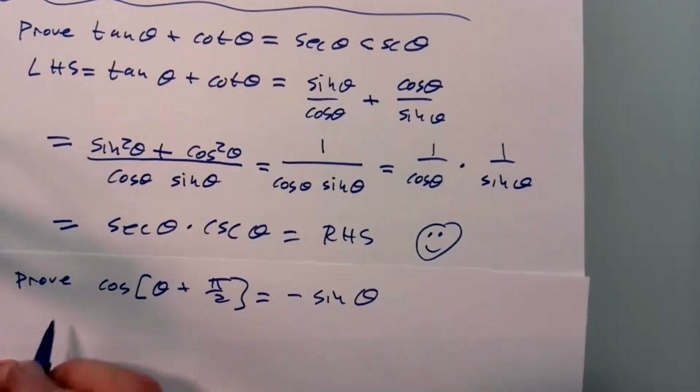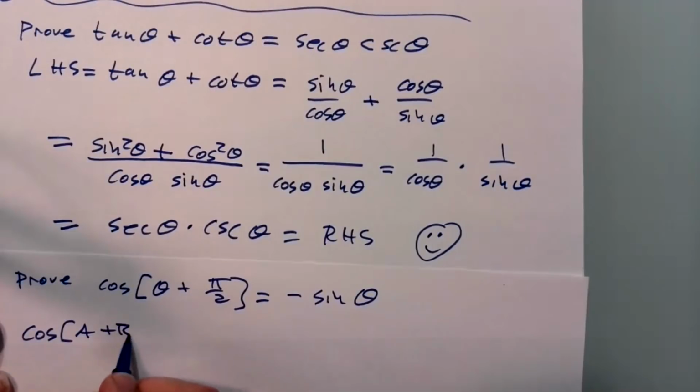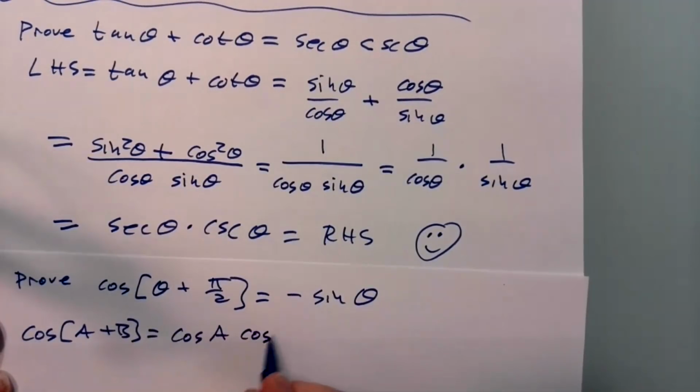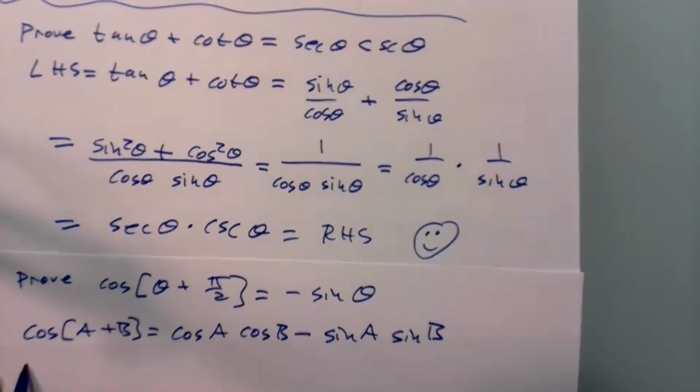So to do this, I need to remember my identity, which I will give you. Cos of A plus B is cos A cos B minus sine A sine B.